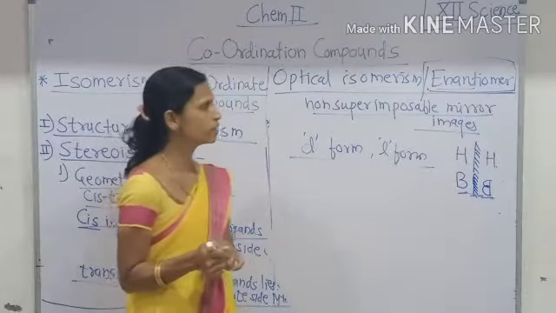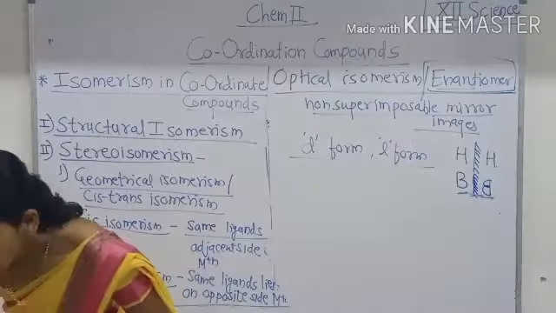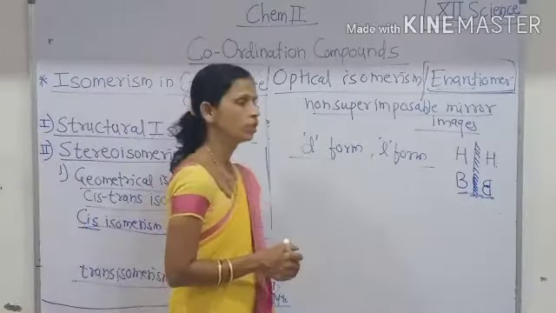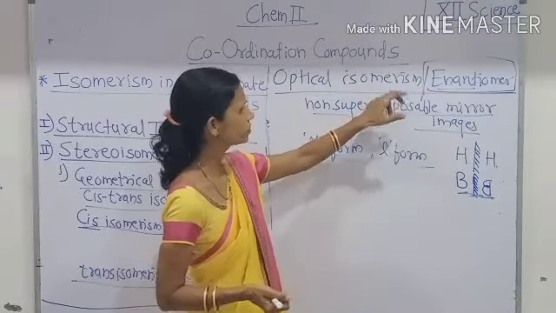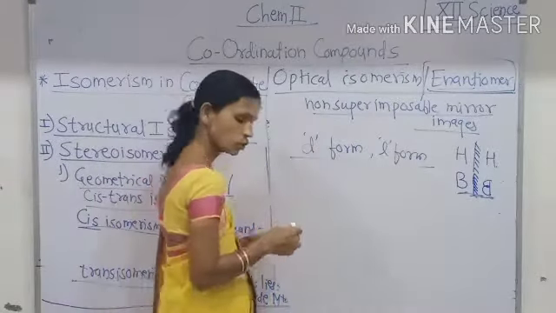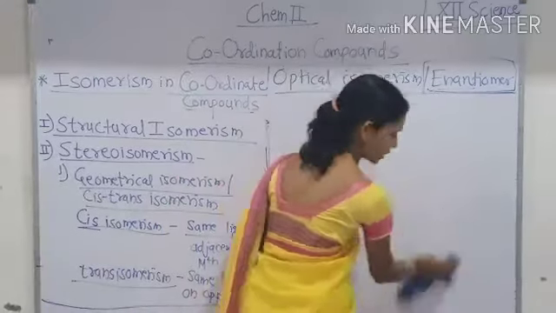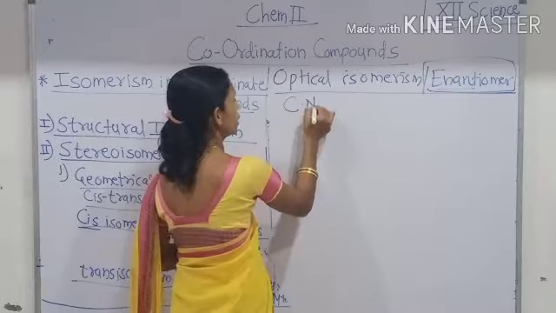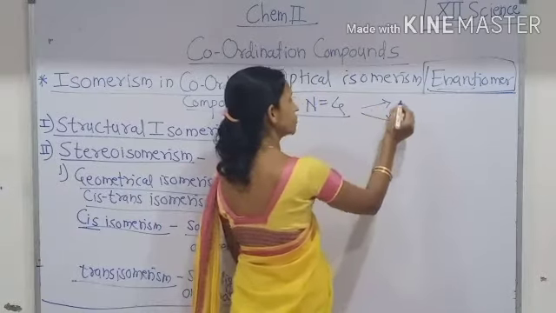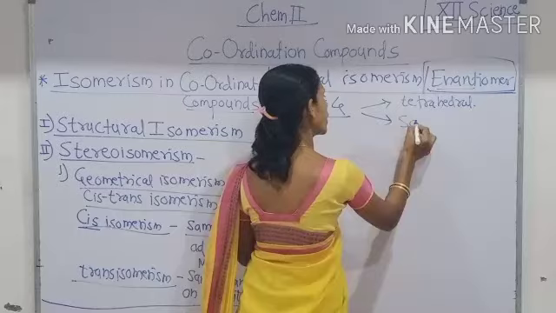Now we are going to discuss the optical isomerism shown by coordination compounds. For coordination number 4, there are two different types of coordination compounds, which have tetrahedral geometry as well as square planar geometry.